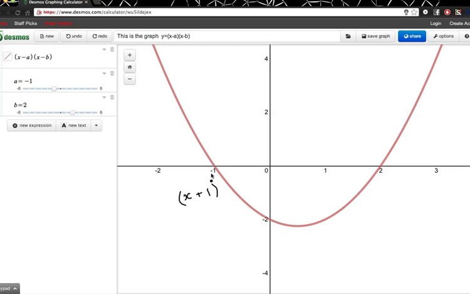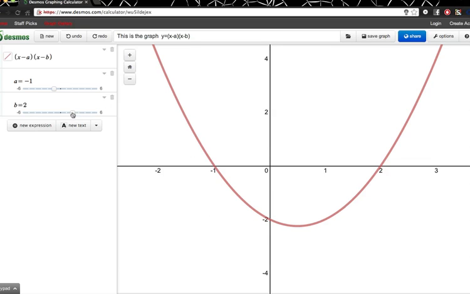So this basically corresponds to a factor x plus 1, or x minus minus 1. a is minus 1. So that's a factor of x plus 1. This corresponds to a factor of x minus 2. The equation of this graph is y equals x plus 1 times x minus 2.